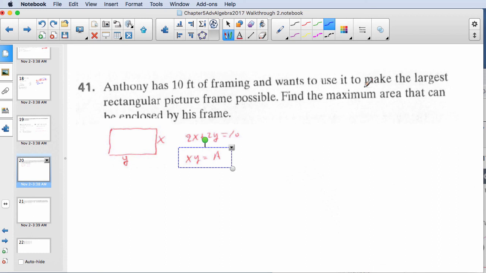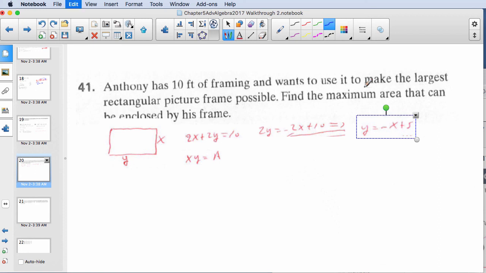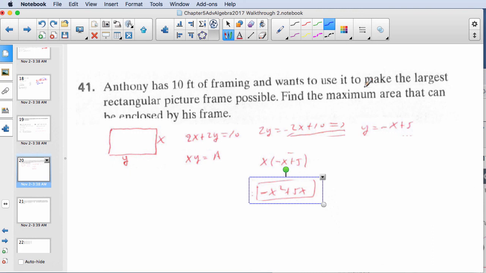So why don't we just go ahead and solve for y here. First of all, by moving the 2x to the other side and then dividing by 2, giving us y is equal to negative x plus 5. We'll go ahead and replace the y in the second equation with this minus x plus 5. So that's going to give us x times minus x plus 5, which if we distribute is going to give us a parabola of minus x squared plus 5x.